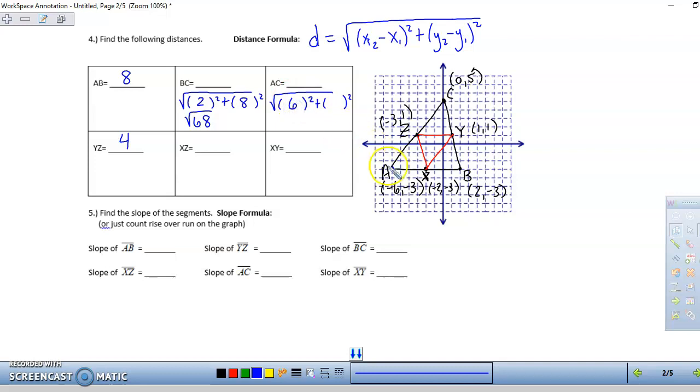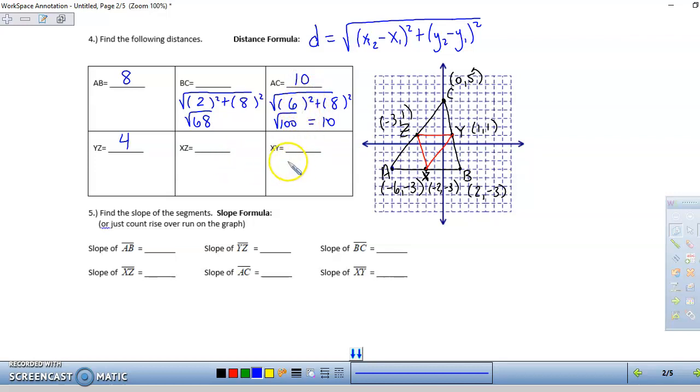So that's a distance of 6. And then here I'm going from -3 for the y up to 5. So that's going to be 8. So here this is 36, and here that is 64. You add those together, you get square root of 100, which is equal to 10. So AC is equal to 10.